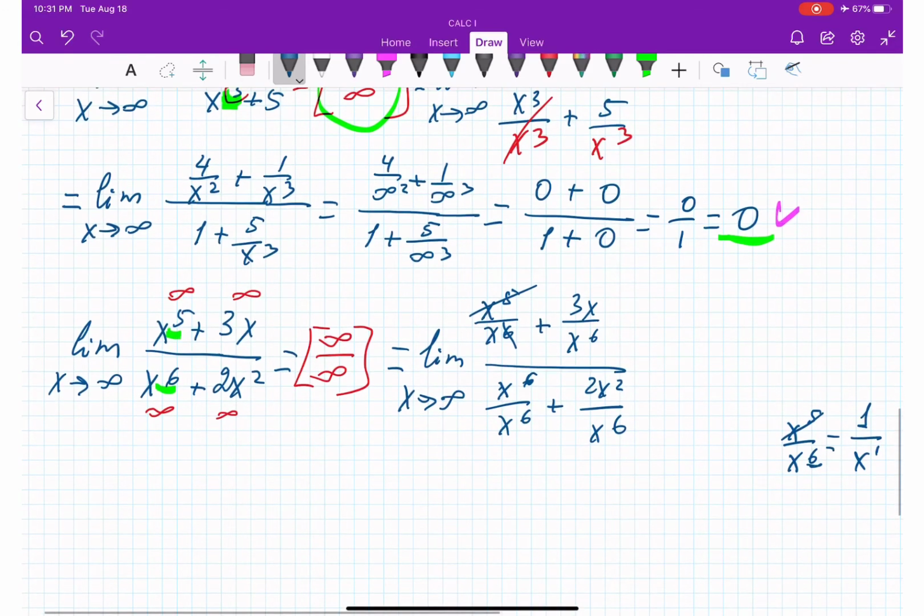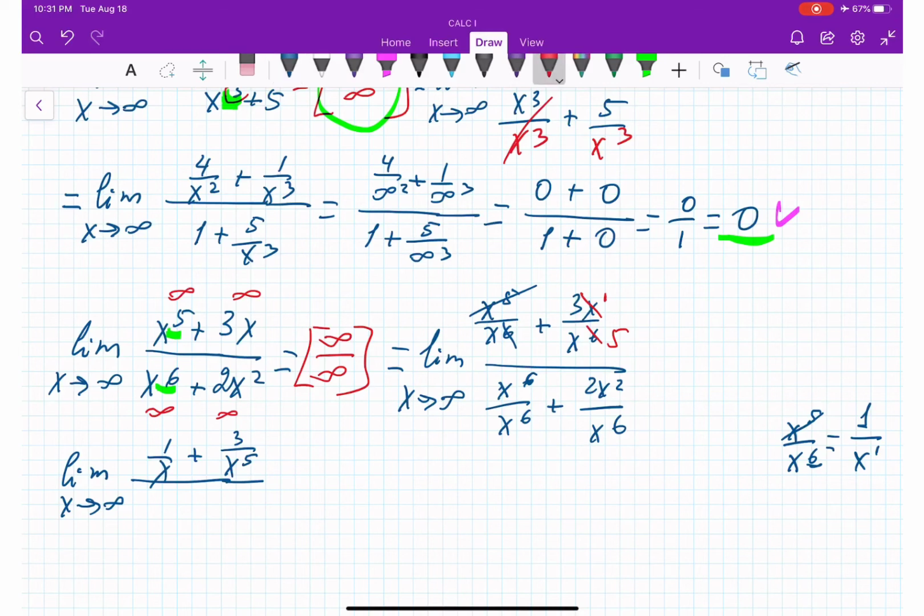So the limit as x approaches infinity, I'm getting 1 over x. Next, 3x over x to the 6. This x is gone, so instead of 6 I have 5, because 6 minus 1 is 5. So it's going to be plus 3 over x to the power 5. Now in the denominator, x to the 6 is gone with x to the 6, so we are getting 1.